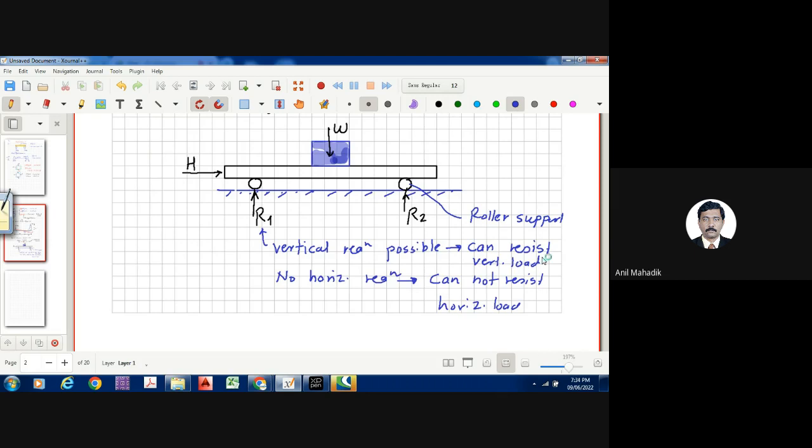Now, can this support resist the moment or rotation? No, sir. It will not resist moment. It will rotate, so it will not resist rotation.